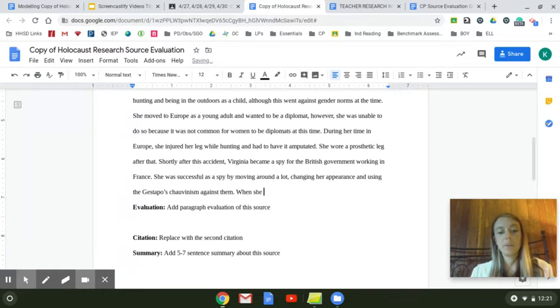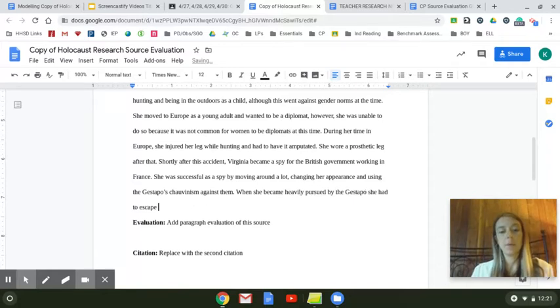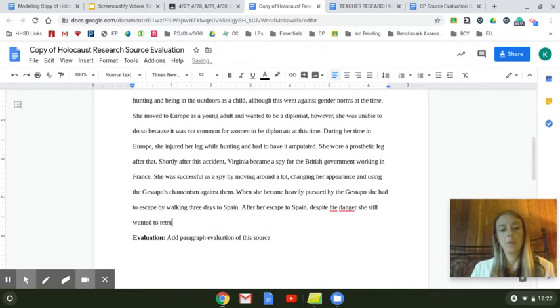When she became heavily pursued by the Gestapo, she had to escape by walking 3 days to Spain. And after her escape to Spain, despite the danger, she still wanted to return to France.